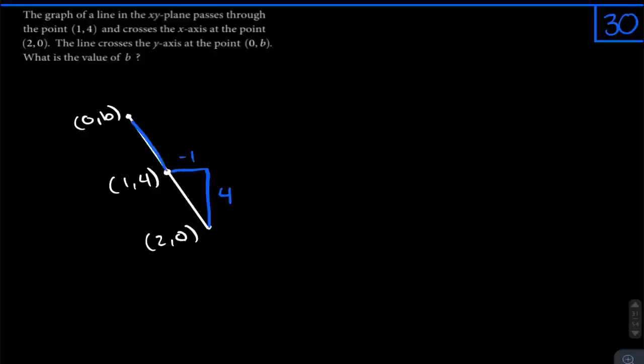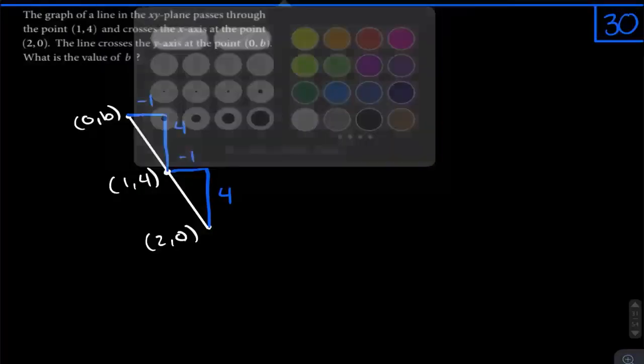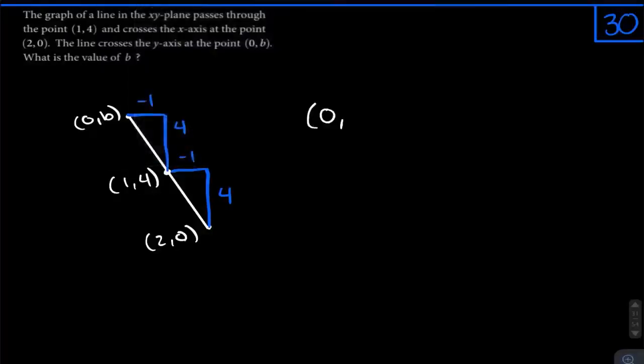And then to get from here to here, we move upwards by 4 and over by -1 again, right? Once we've done that, we're at 0, comma, add this 4 to this 4, and you get 8. And so b equals 8.